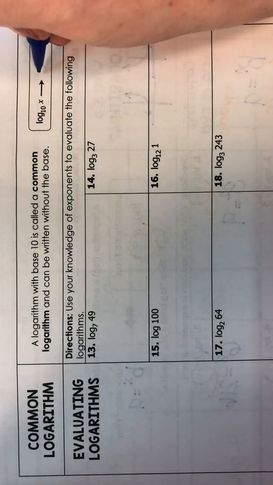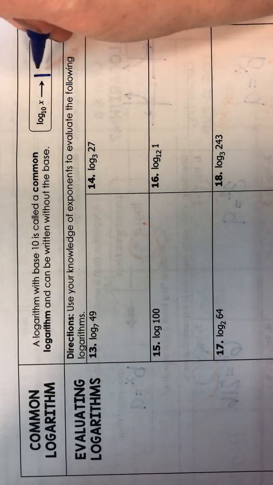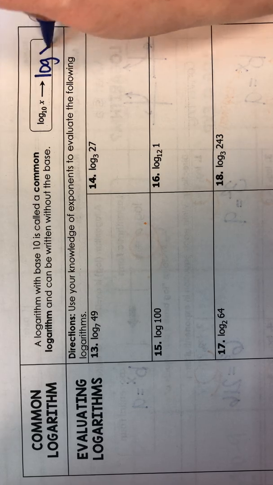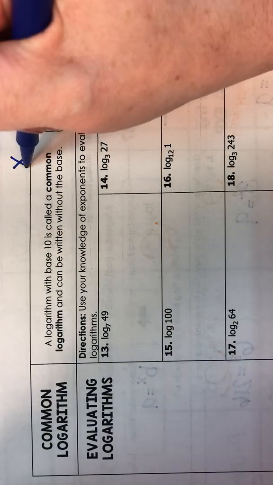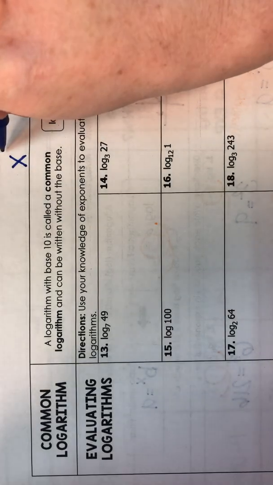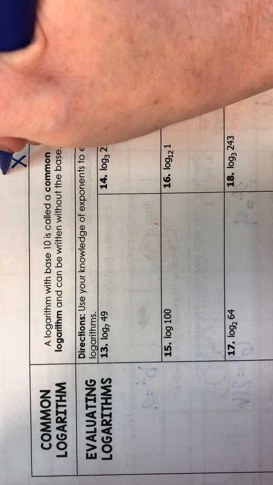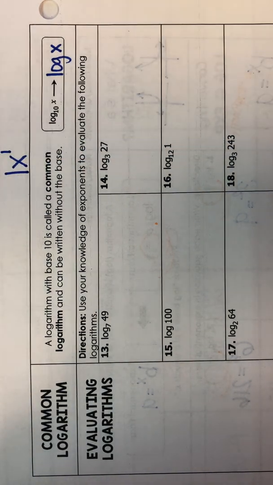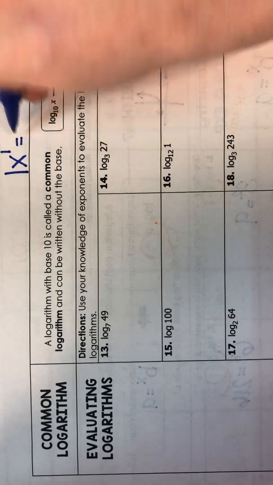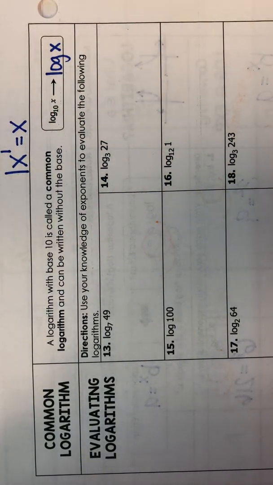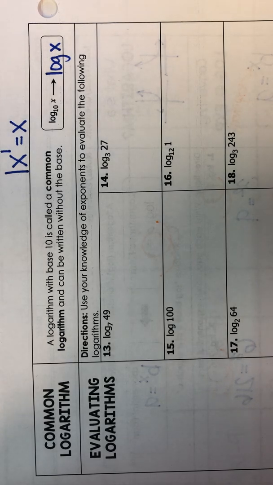You're going to see right here, if I have log base 10 of x, this is going to be equivalent, okay? Because just like when I have the variable x, there's an understood but unwritten exponent of 1, there's also an understood but unwritten coefficient of 1. So that is just equivalent to x, just without all the frou-frou stuff put with it, okay?